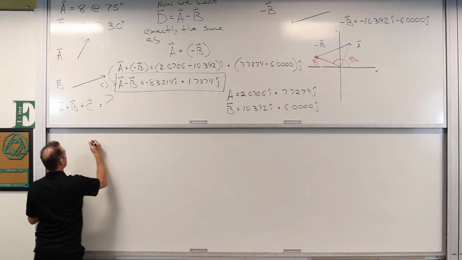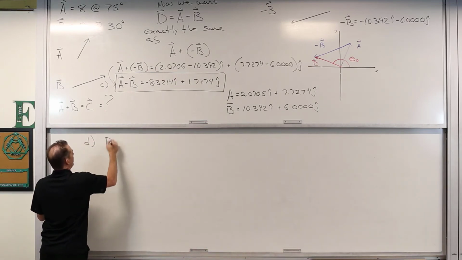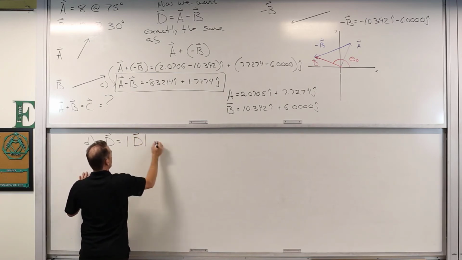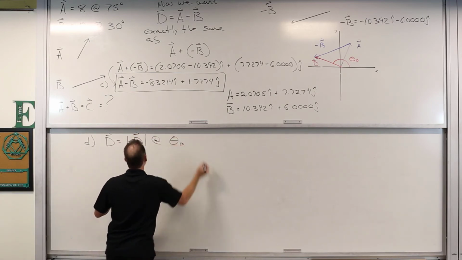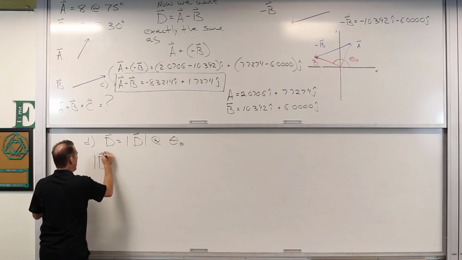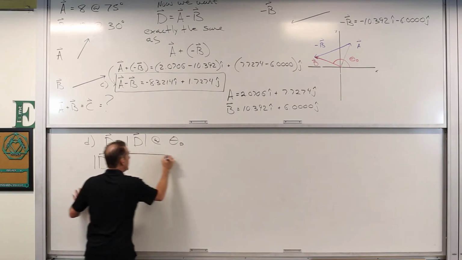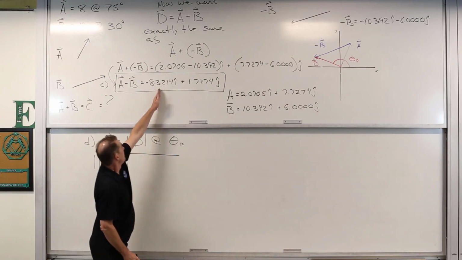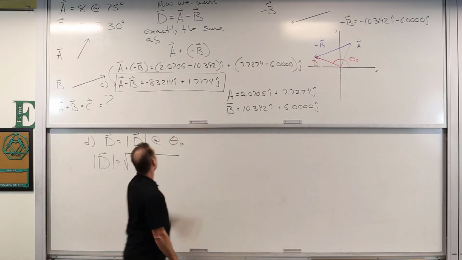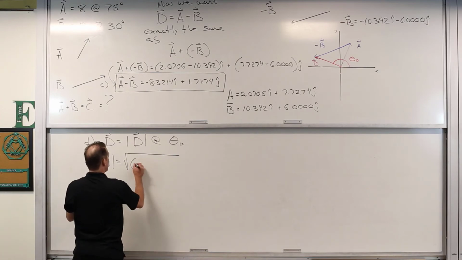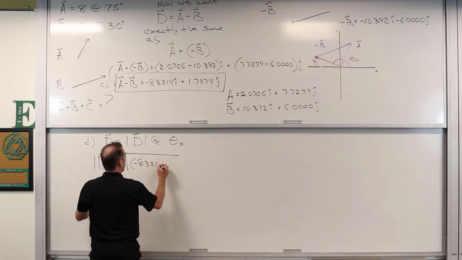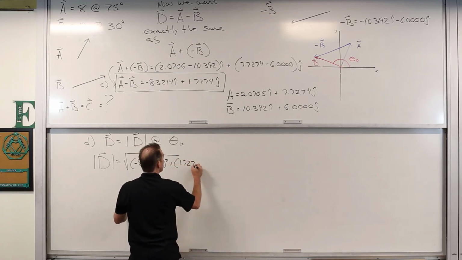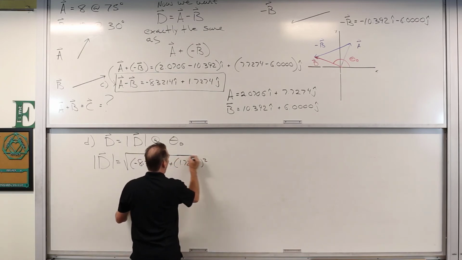So we've got part D. D hat is equal to some magnitude of D hat at some theta sub D. We've got that the magnitude of D hat is going to be equal to the square root of the sum of the squares of its x and y components. Here's D sub x, here's D sub y. So we've got negative 8.3214 quantity squared plus 1.7274 quantity squared.